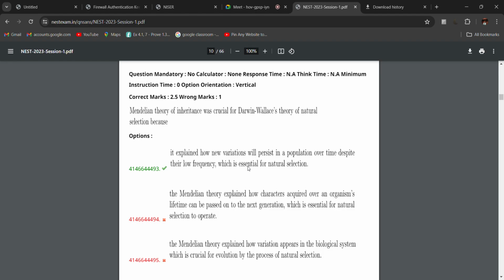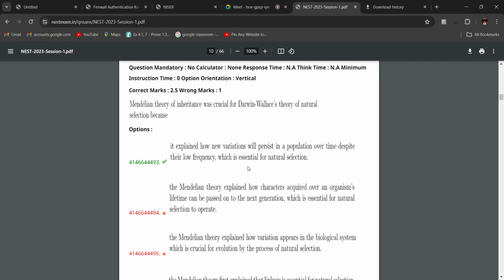Do not think that the cutoff will be very high or low, because maybe the cutoff will be low or high. You don't know the level of the questions, or what other attempters felt about the questions. So just be honest and try to answer the questions, and that's it.